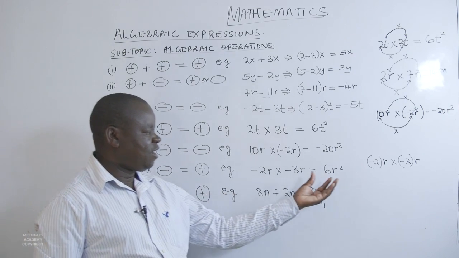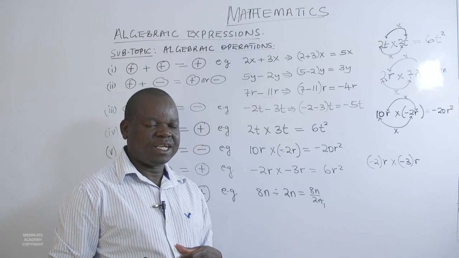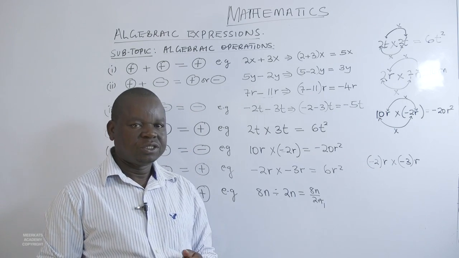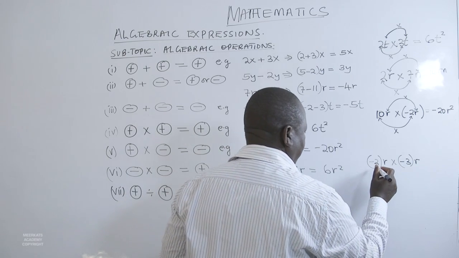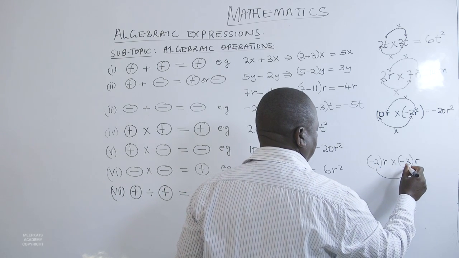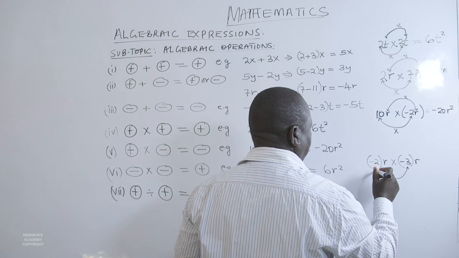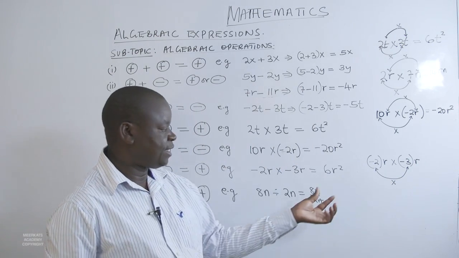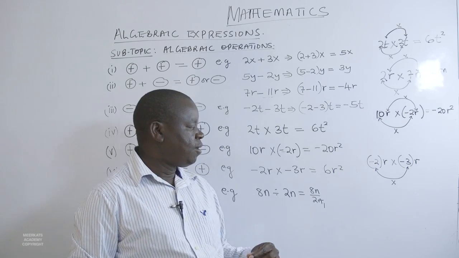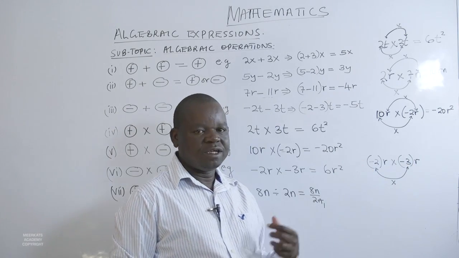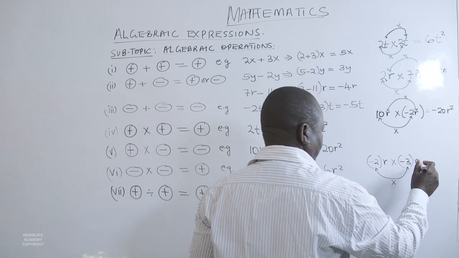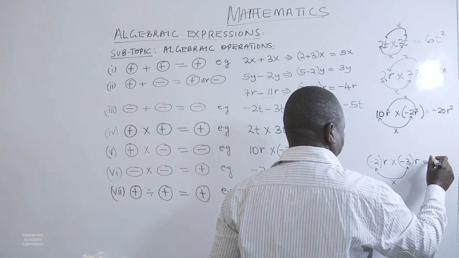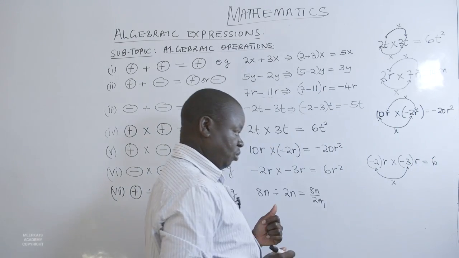Now you can see that carefully we have put the negative coefficients in a bracket. So we multiply the coefficients. This is negative 2 multiplied by negative 3. And because the result is positive, we get positive 6.